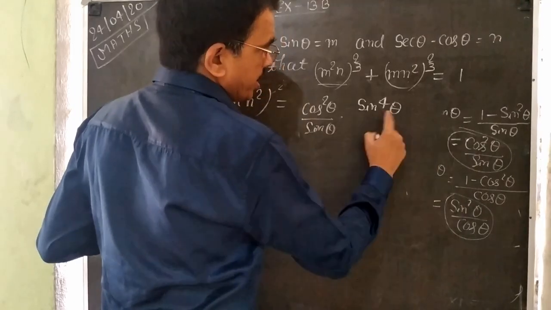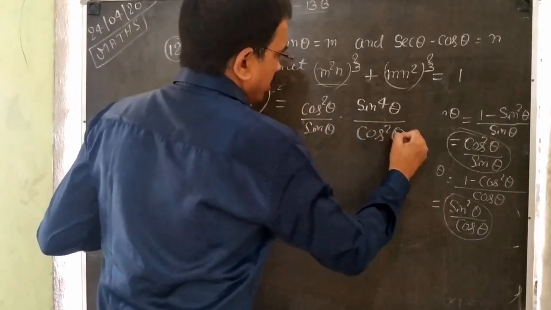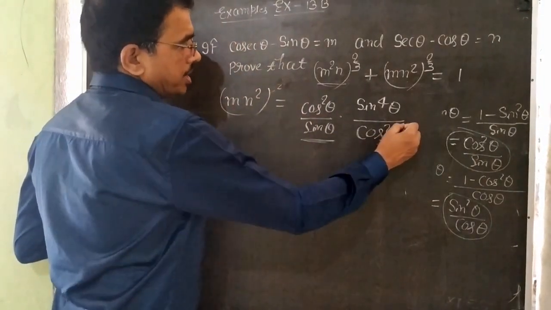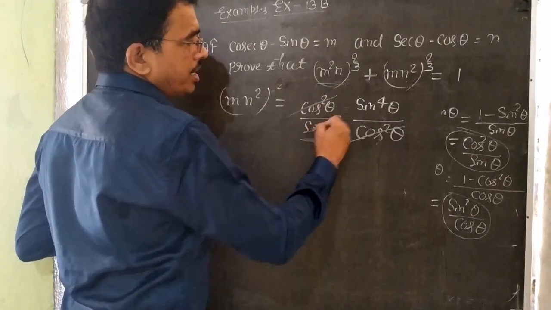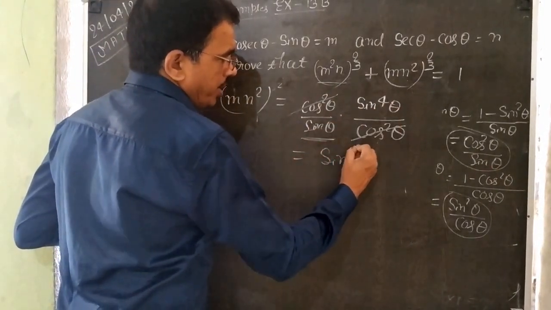The square of sin squared theta is sin to the power 4 theta, divided by cos squared theta. Then cos squared cancels, and sin to the power 4 divided by sin gives sin cubed theta.